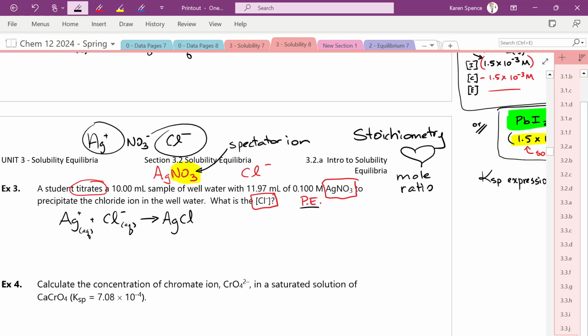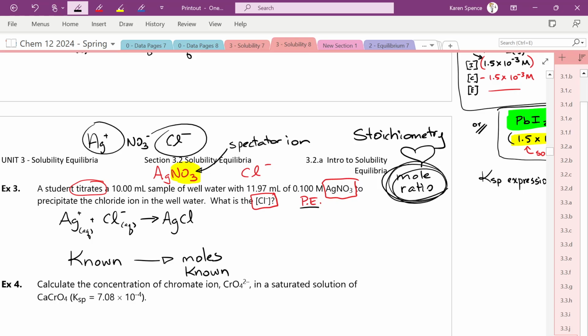Now, what that means is that you are going to need to take your known, and you're going to have some units, and you're going to have to convert it into what? What's at the heart of stoichiometry? Moles. So you're going to convert it into moles of your known substance.